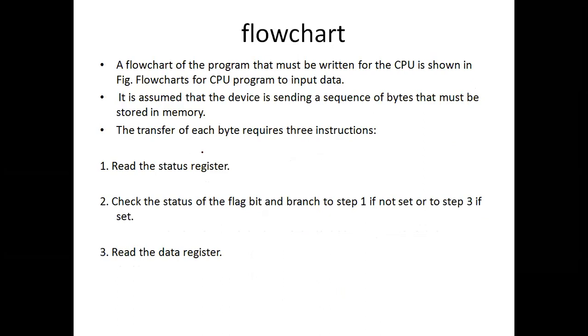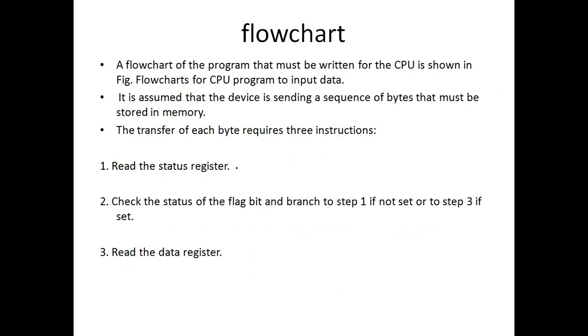Now that theory part is going to be represented in flowchart manner. A flowchart of a program that must be written for the CPU is shown in the figure below. It is assumed that the device is sending a sequence of bytes that must be stored in the memory. The transfer of each byte requires 3 instructions.